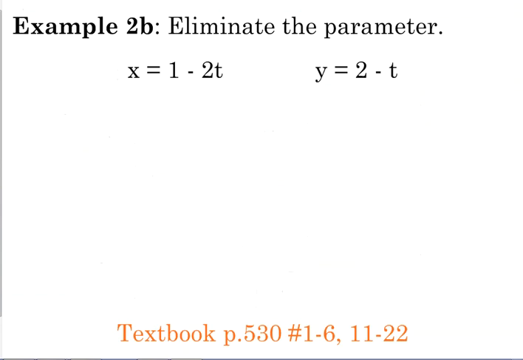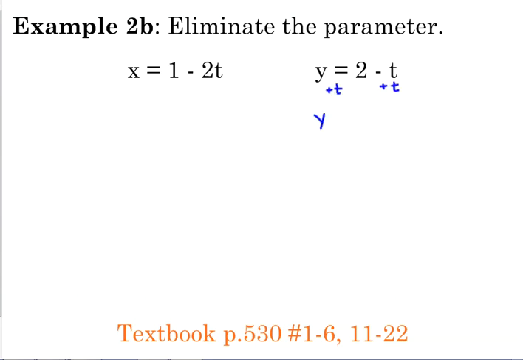Okay, let's do one more eliminating the parameter problem, and then I'm going to let y'all do some practice problems here. So example 2b, we want to eliminate the parameter here. We've got x is equal to 1 minus 2t, y is equal to 2 minus t. I would say that the y equation is, again, easier to solve for t. A little weird here because we have a -t.